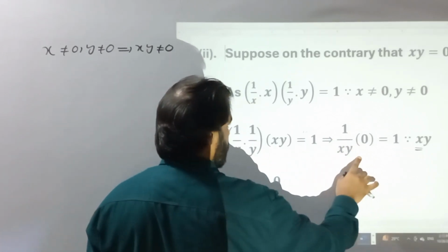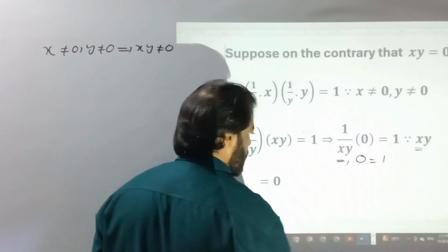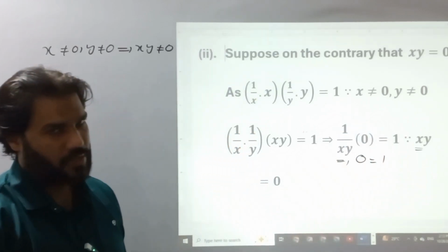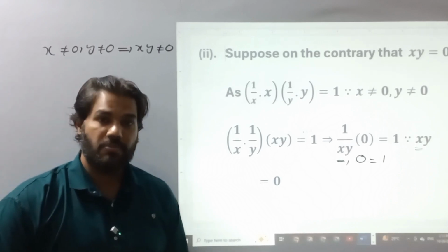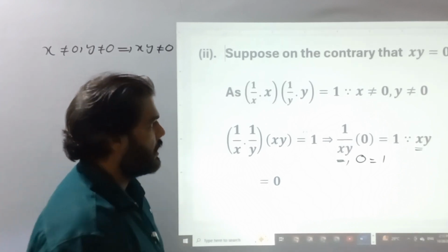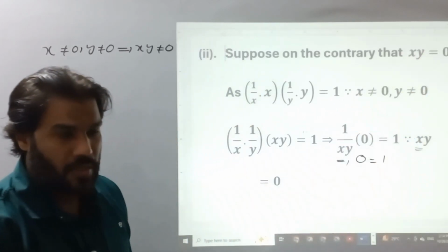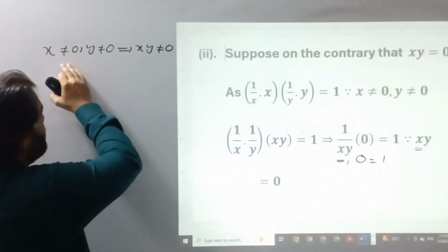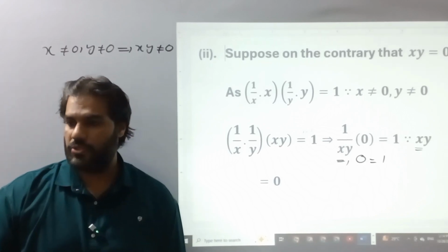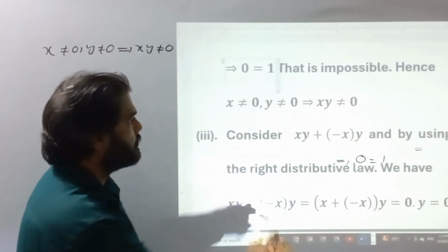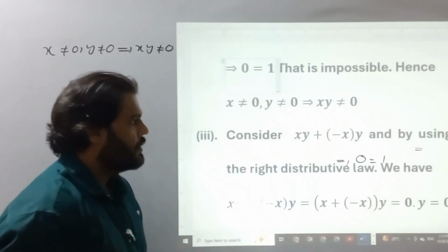So the left side becomes 0 and the right side is 1. 0 equal to 1 is impossible. This shows that our assumption is wrong, and our assumption was that the product xy is equal to 0. Hence, we can say that when x and y are non-zero, then their product xy will also be non-zero.